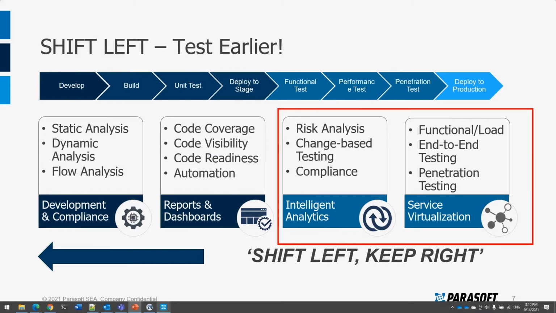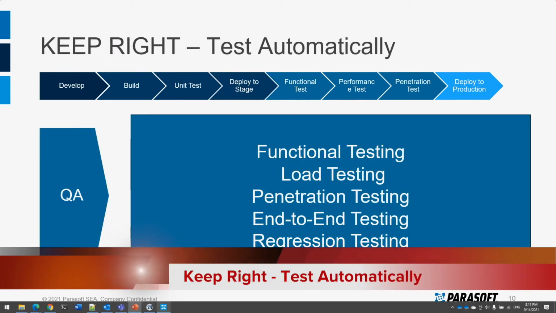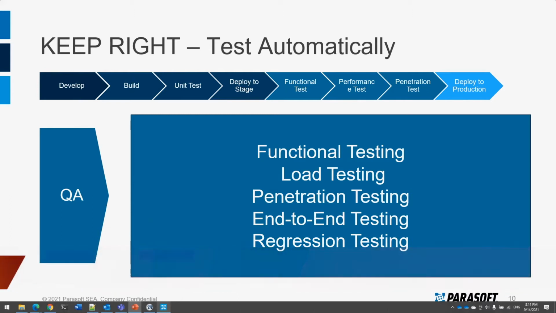And when we talk about the area that we're going to focus on today, service virtualization, we say keep right, test automatically. Traditionally, the system must go through testing to ensure that its behavior follows what is agreed between the stakeholders.